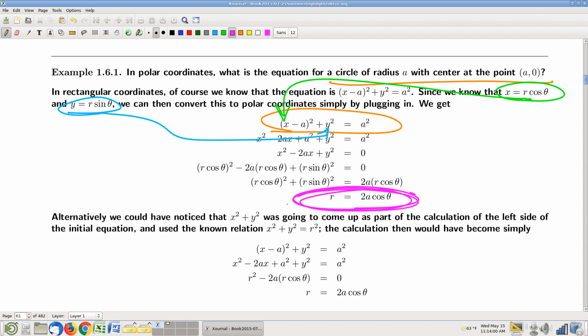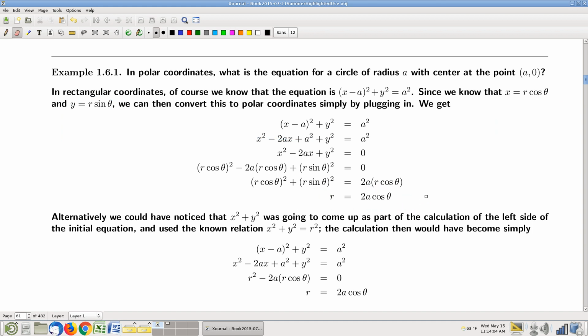Okay, last comment, and then we'll break for 10 minutes. Last comment is, I can shorten this process by being clever. Now, I wanted to show you the generic process, plug in for x, plug in for y. But if you're clever, notice that here there's an x squared plus y squared, and I already know that x squared plus y squared is r squared.